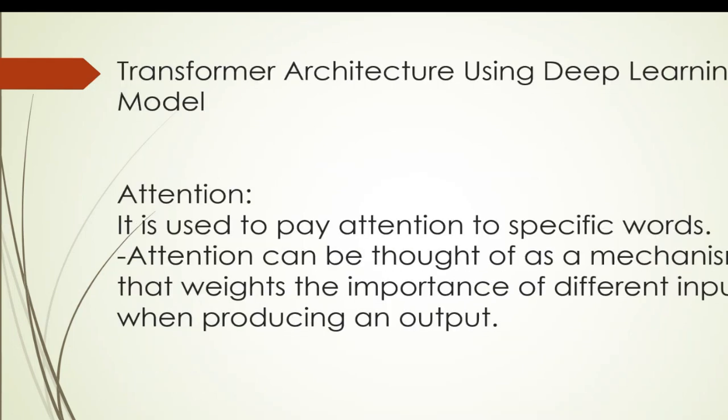One problem was resolved with LSTM, but when sentences are too long, LSTMs are not successful. Then we found the attention model. Attention model pays attention to specific words, and attention can be thought of as a mechanism where different inputs give different outputs, and the attention model can give attention between multiple words.